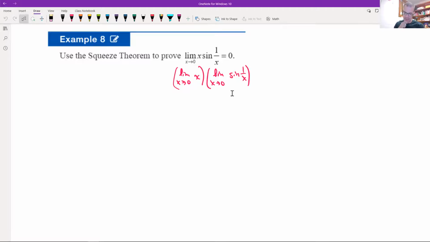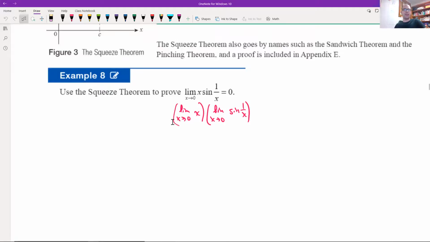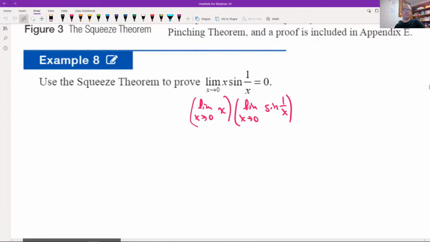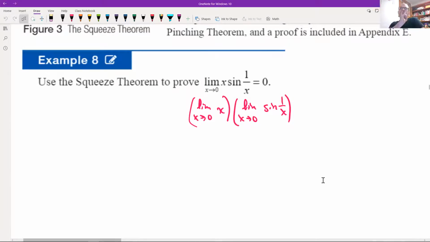On this first one, let me go ahead and zoom back in so that you can see my writing a little bit better. This would be 0. And this one does not exist. Remember, sine of 1 over x is the one where we have the oscillating discontinuity and it just keeps oscillating as it gets closer and closer to 0.